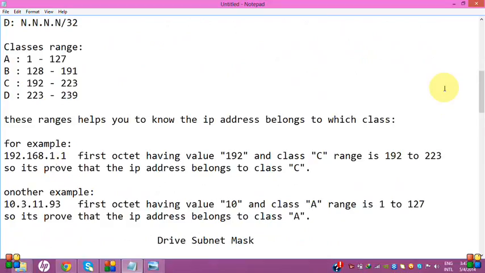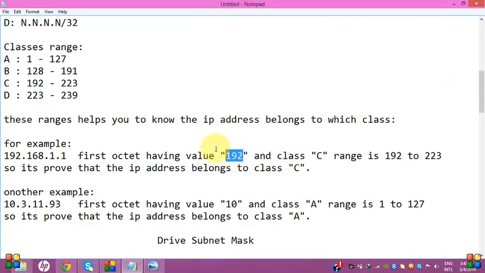To create understanding, I will create an example. Take 192.168.1.1: the first octet has the value 192.